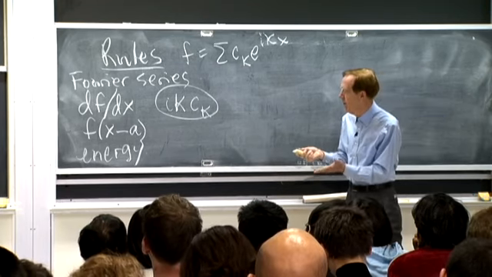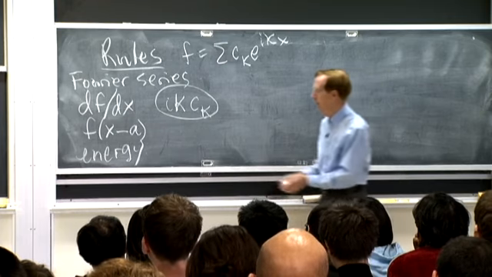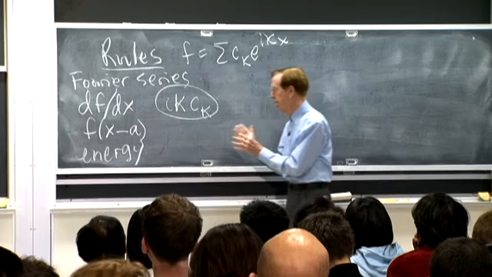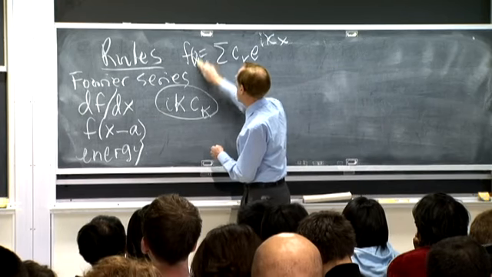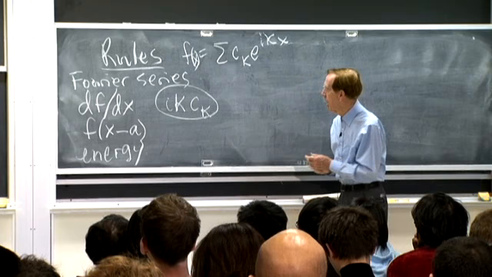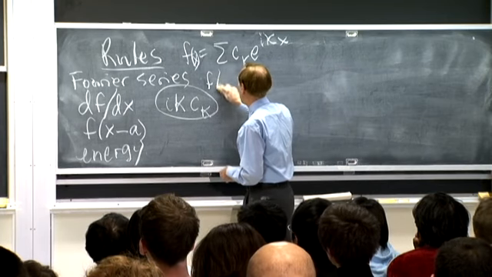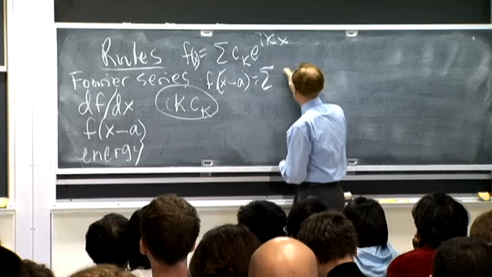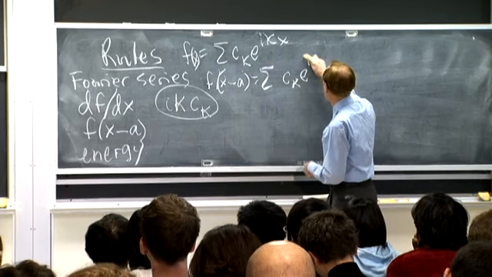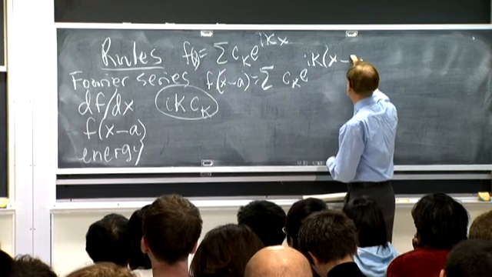Now, what are the Fourier coefficients of the shift? If I've just shifted, translated the function, my original x was this. Now let me look at f of x minus a. We'll see it. It'll jump out at us. It'll be a sum of the same ck's times e to the ik(x minus a).